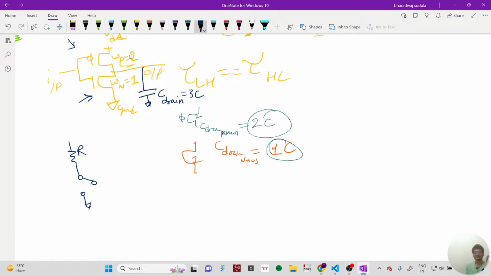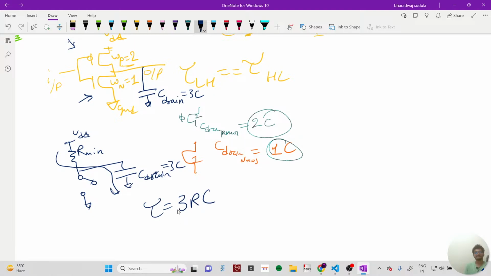This is a minimalistic logic gate that we can build using PMOS and NMOS, CMOS basically. This is VDD, and this is the diffusion cap, the drain cap, 3C. So what is the time constant for this? Tau will be 3RC.